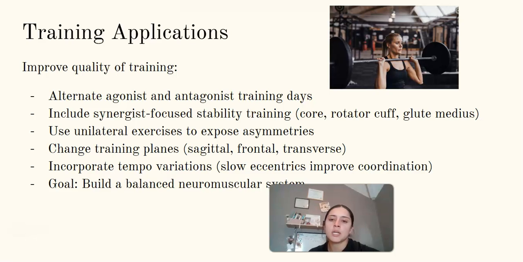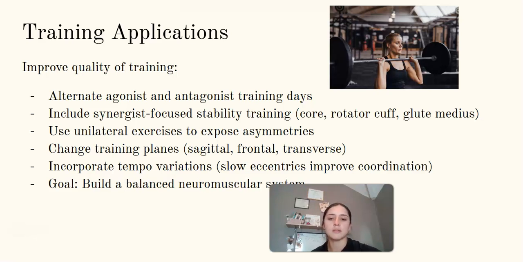And then some training applications to improve quality of training based off this information that we just went over. These concepts can be directly applied to training programs. Alternating agonist and antagonist training days improves recovery and balance.